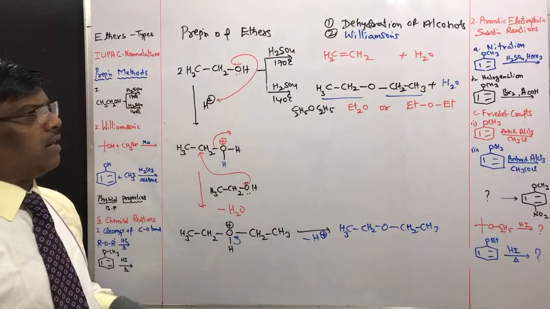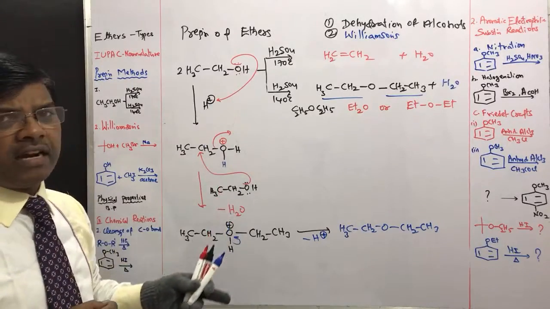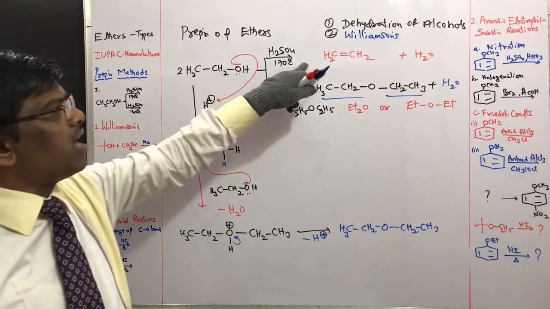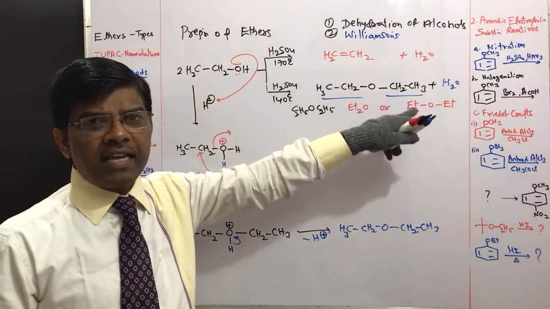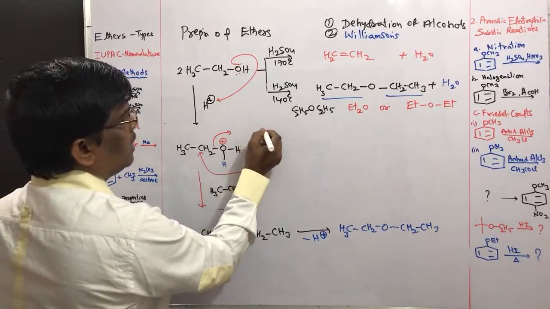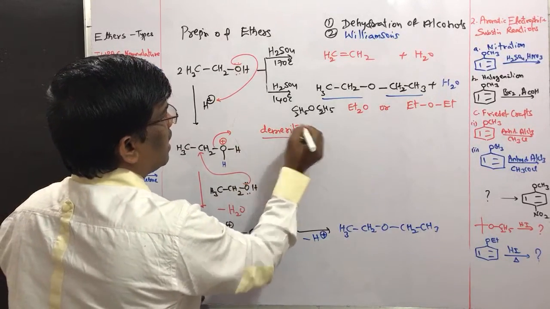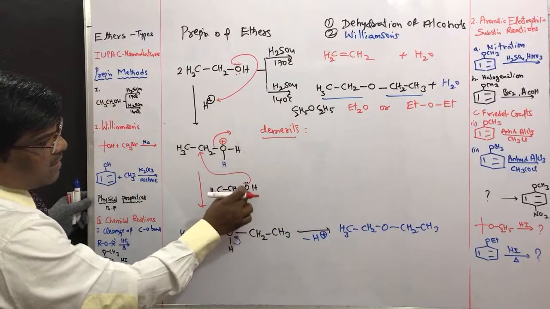This is a common method, but what are the shortcomings? What are the difficulties in this method? Simply take the alcohol and add sulfuric acid, and you are going to get diethyl ether or some ether. But it has some shortcomings. What are the demerits? It is an SN2 reaction.